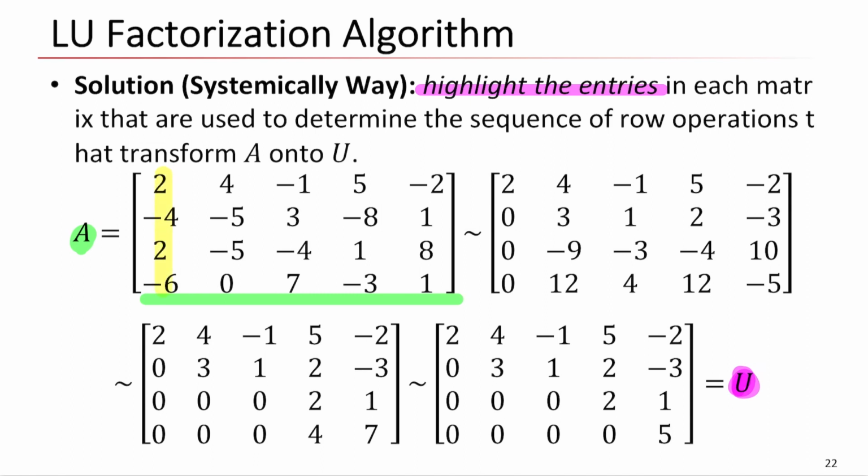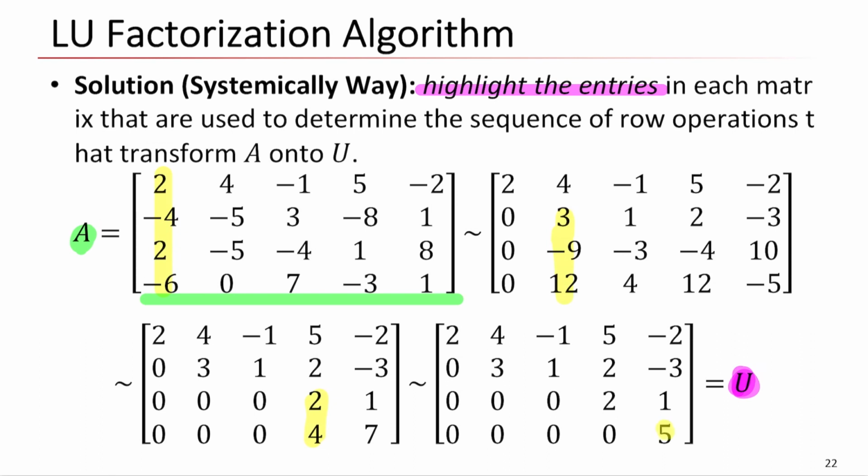To make a 0 here, right? And what next? We have to use this one, right? Then what next? This one. Okay? Then finally, actually it's done.